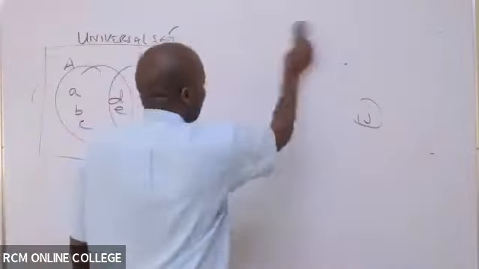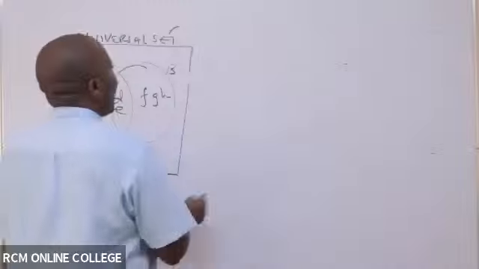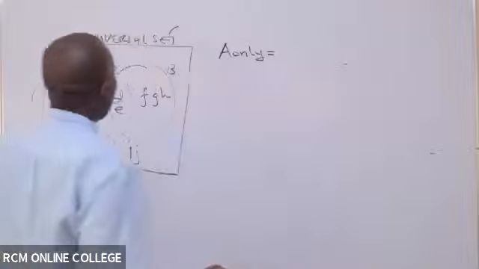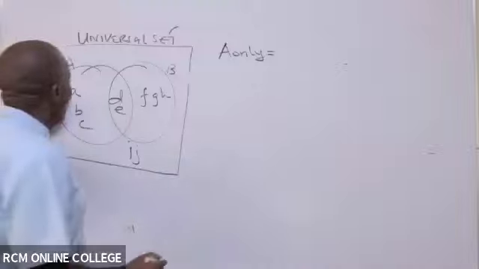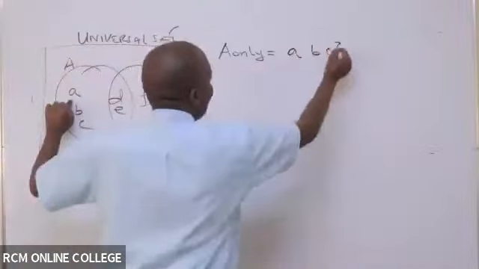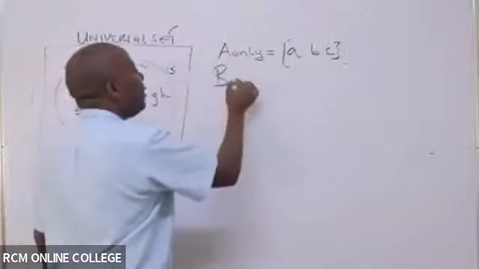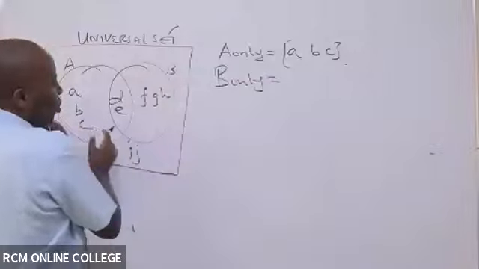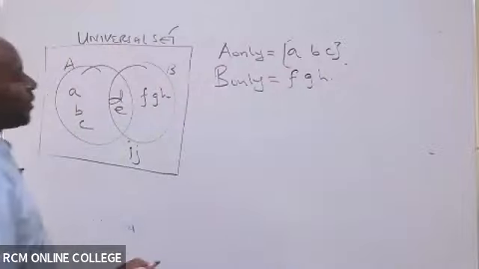If somebody wants you to provide a set which contains members of A only, members of A only will be A, B, C. When I say B only, leave out the shared elements. So B only will be F, G, H.